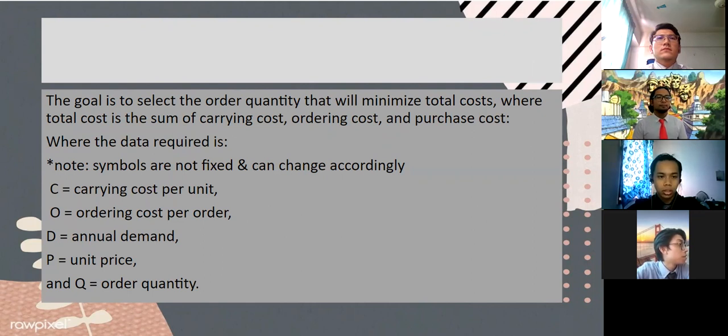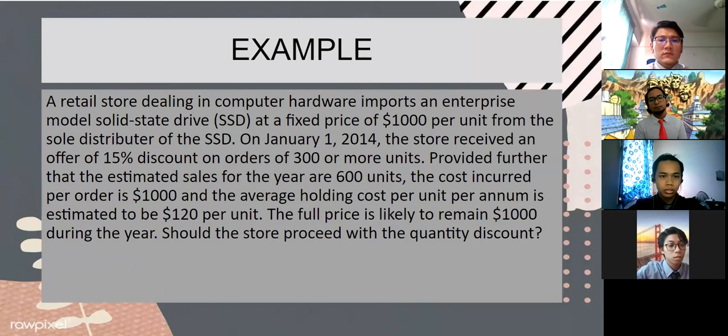In order to calculate a quantity discount model, it doesn't matter what you use to aid in the calculation. Basically the variables are carrying cost per unit, ordering cost per order, annual demand, unit price, and order quantity. All right, so we'll go to the example for this model.